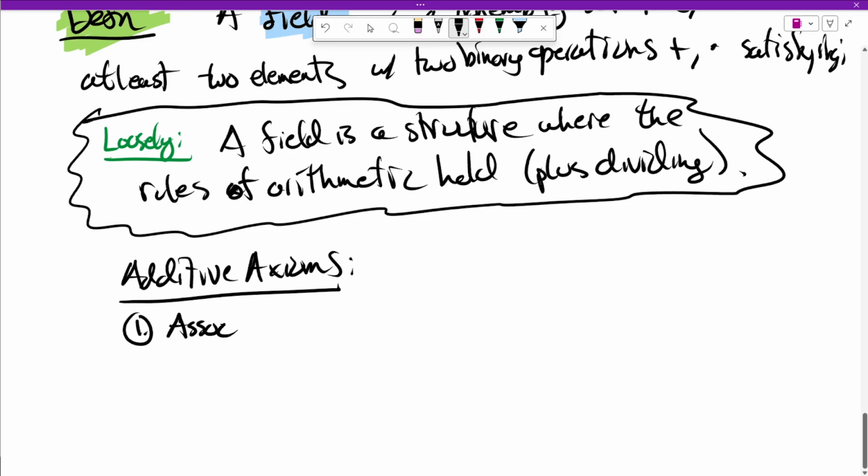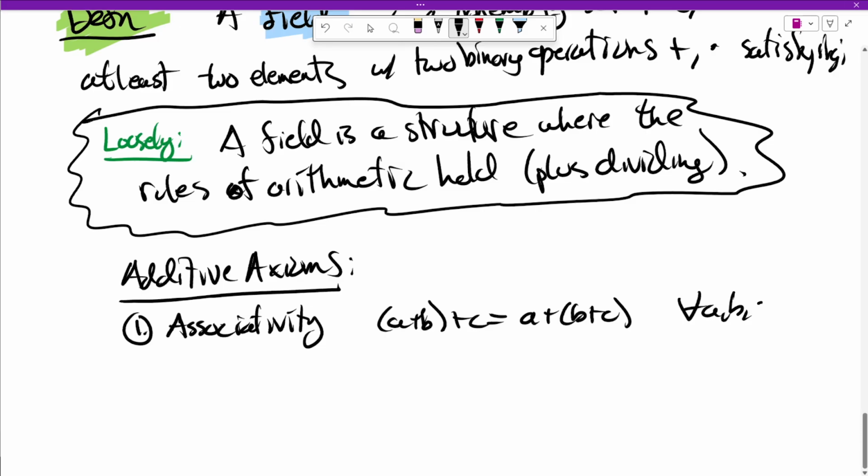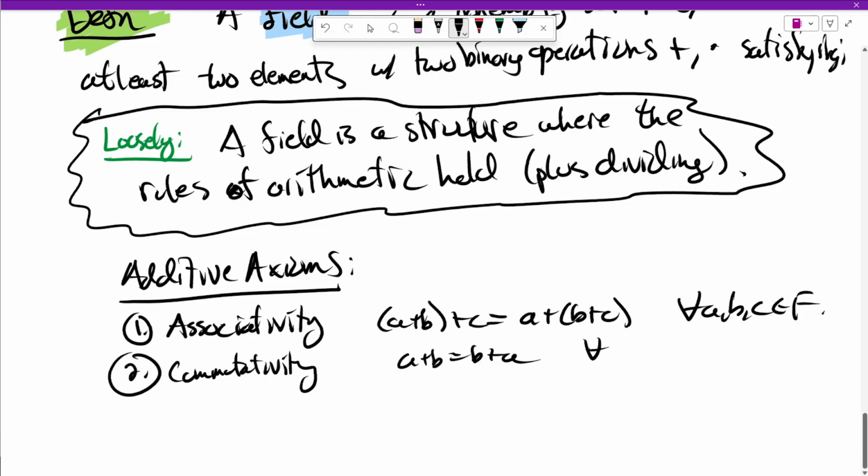So associativity: (A plus B) plus C is A plus (B plus C) for all A, B, C in F. That's a rule of arithmetic that we'd want to hold in this abstract set. There should be commutativity. I don't need parentheses here. A plus B should be B plus A for all A, B in our field.